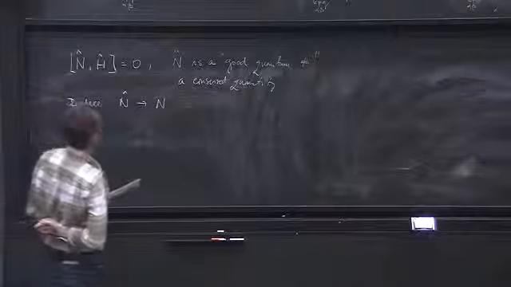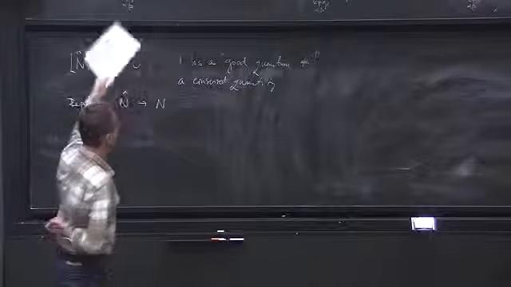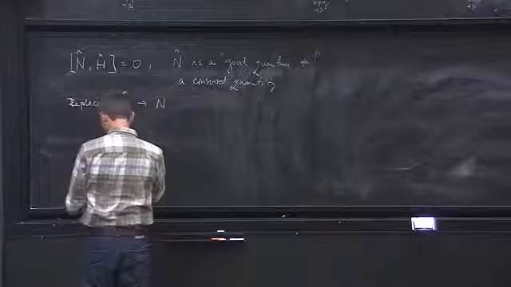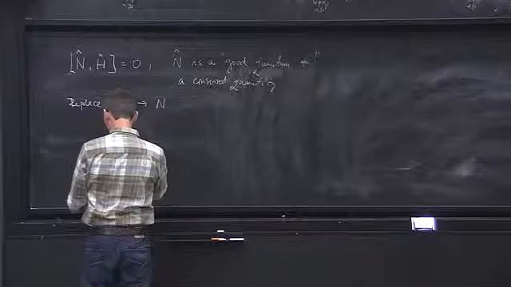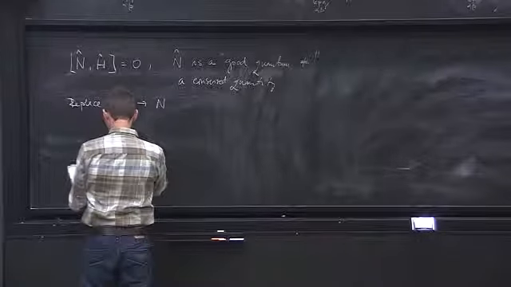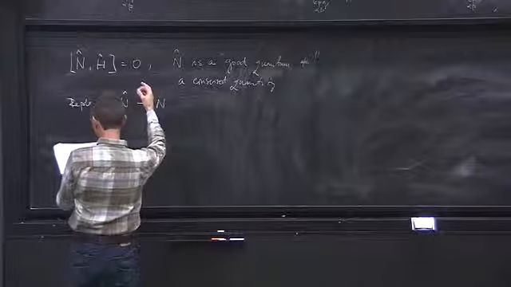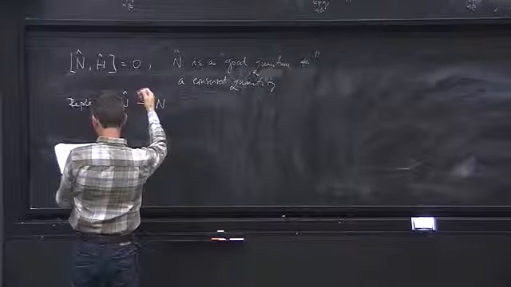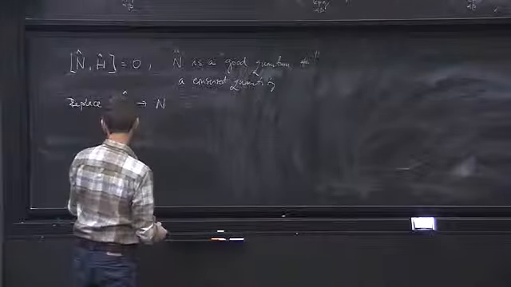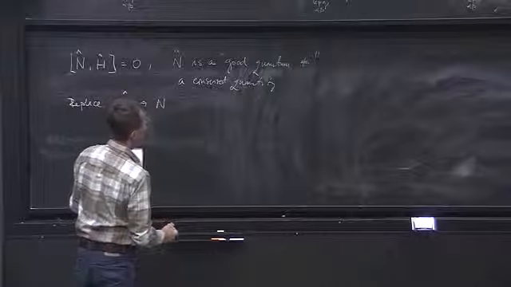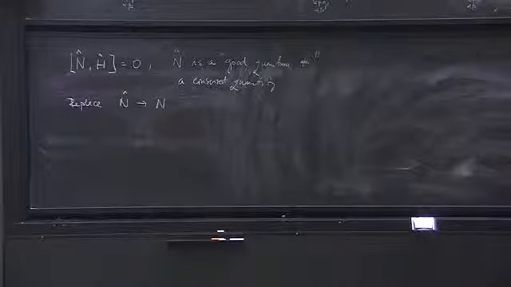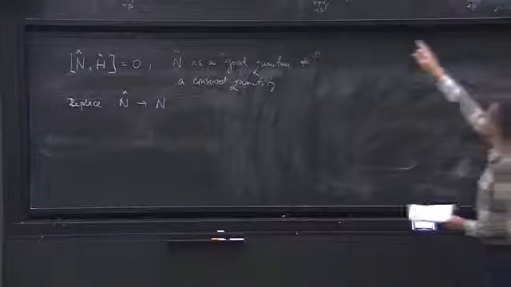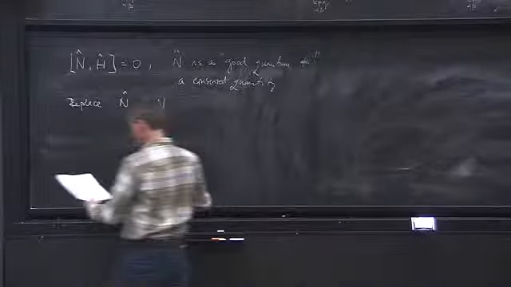Okay, so let's just combine everything that we have, and now combine all this C number. Okay, what is it that I want to say? So let's now replace n hat with n and combine it with that term.